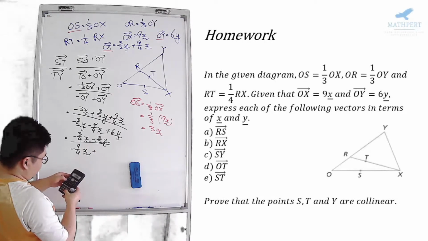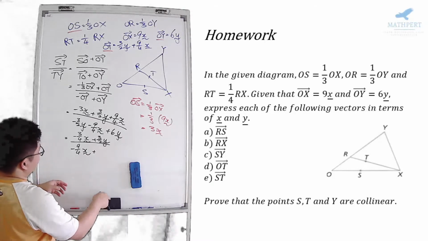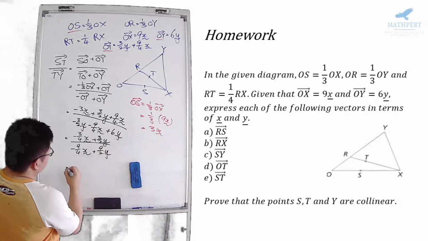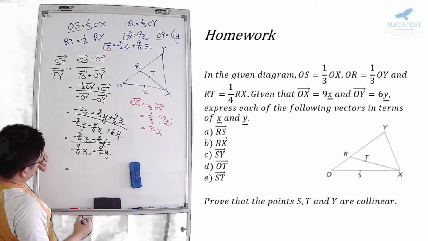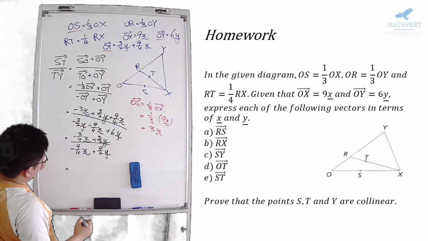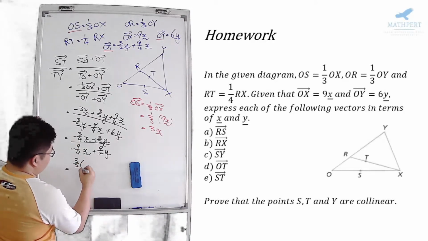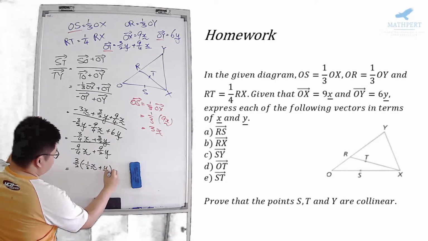Negative 3 over 2 plus 6, I'll get 9 over 2. Let's simplify it. I can take out 3 over 2, then I will get negative 1 over 2x plus y.